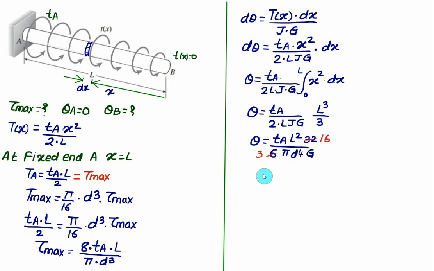So finally we are getting theta equal to 16 times Ta multiplied by L square divided by 3 times pi into d to the power 4 into G. G is the modulus of rigidity.